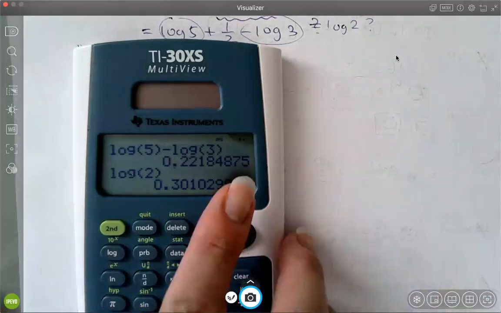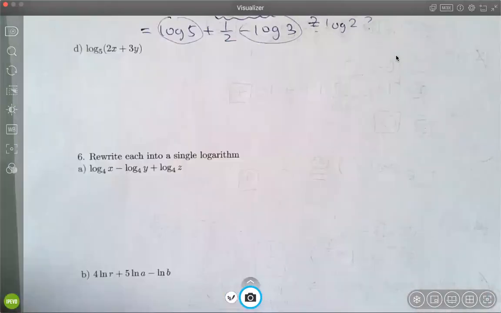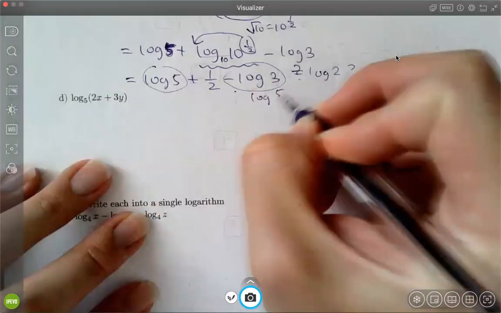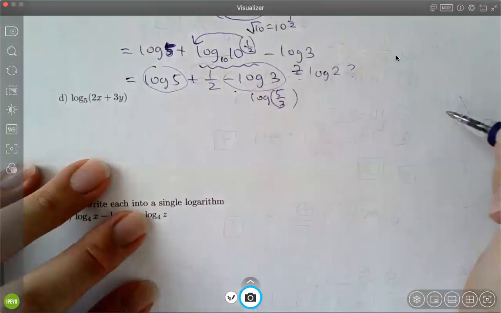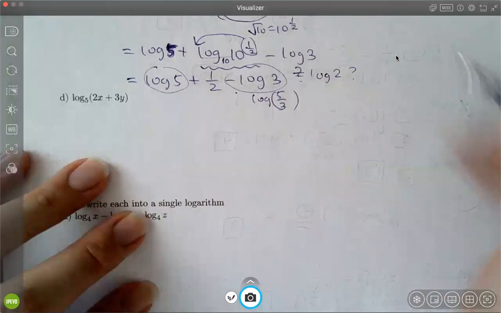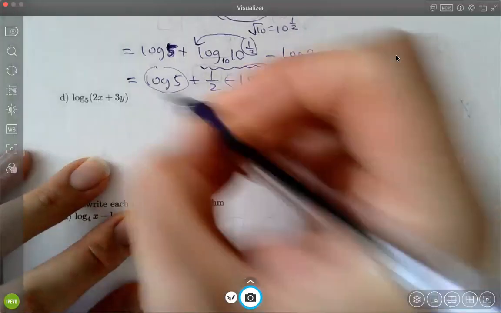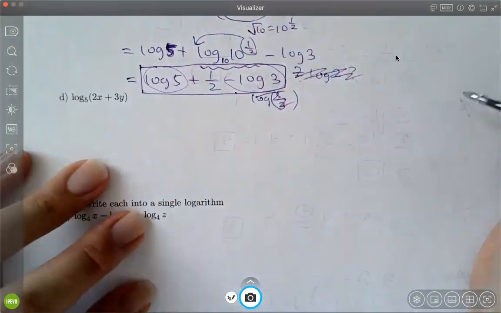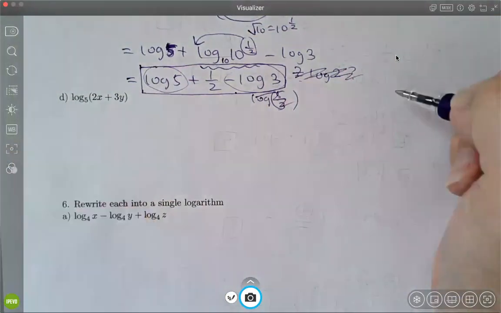So in particular, log 5 minus log 3 has to be equal to log 5 over 3, right? Not log 2. So what does that mean? The answer is that: log 5 plus 1/2 minus log 3 cannot be simplified further. Be careful. Log 5 minus log 3 is not log 2. It's rather equal to log 5/3.